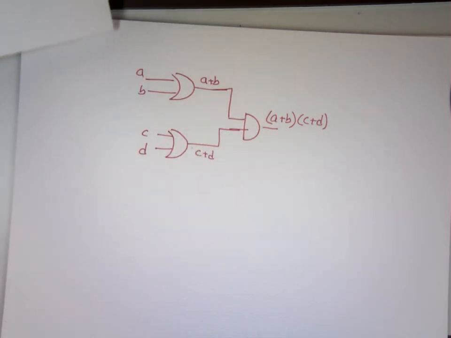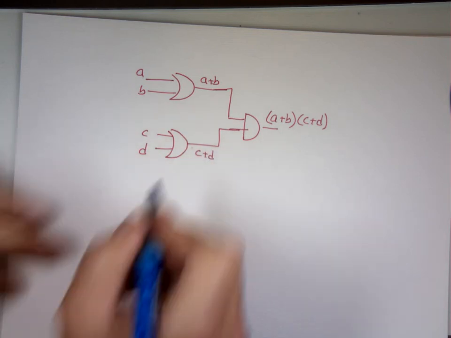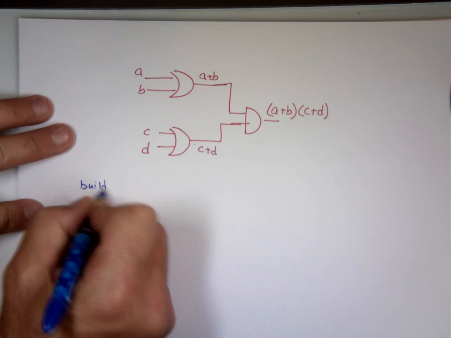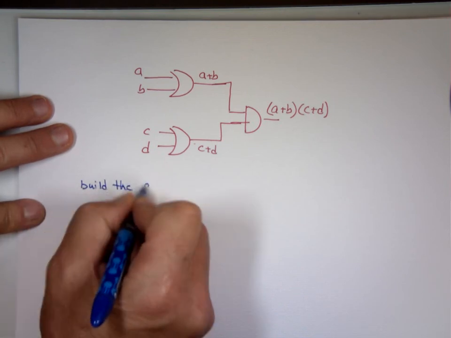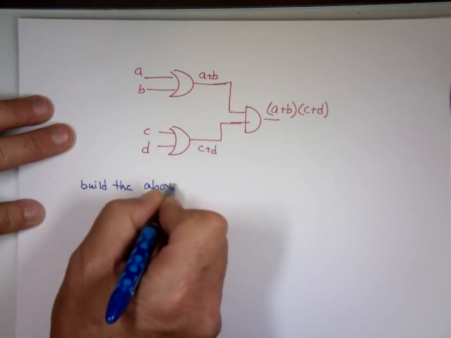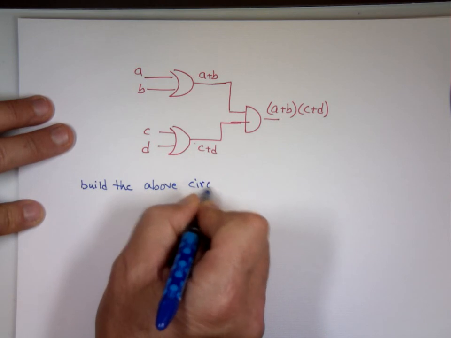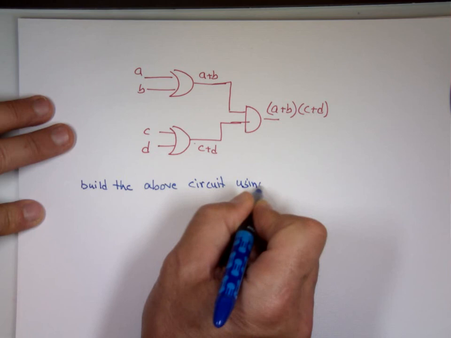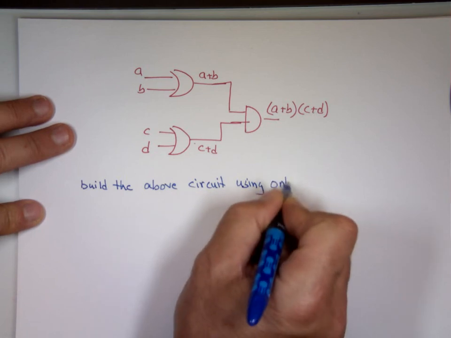What I might suggest to you is, you know what? I want you to go to the lab and build this circuit, the same circuit, that above one. Build the above circuit using only NOR gates.